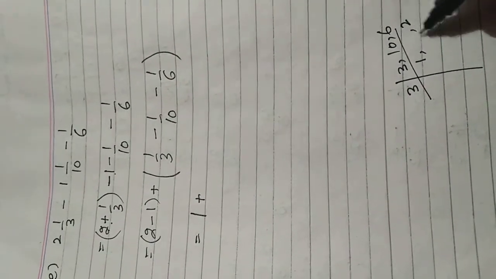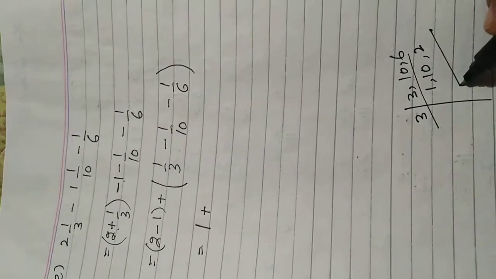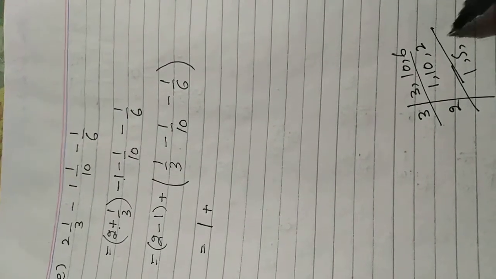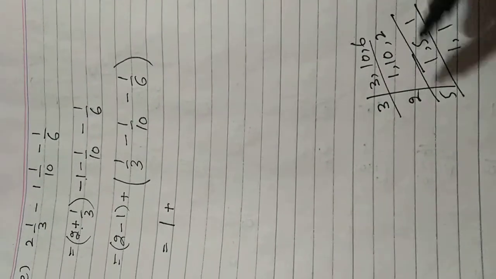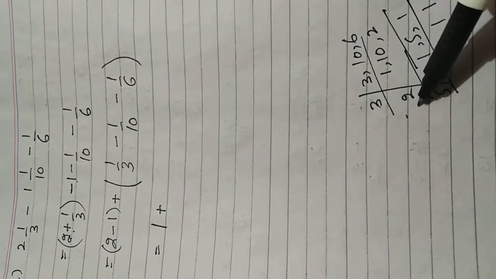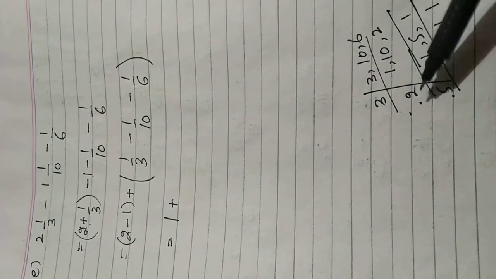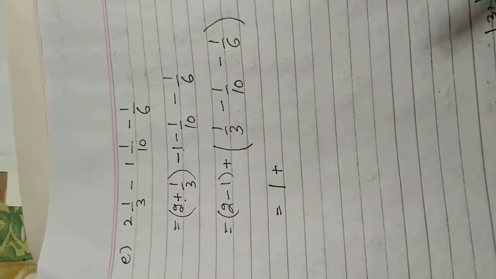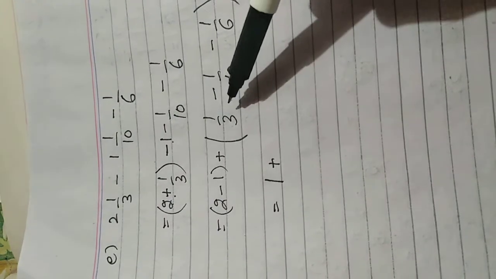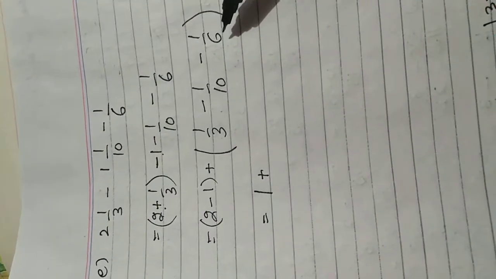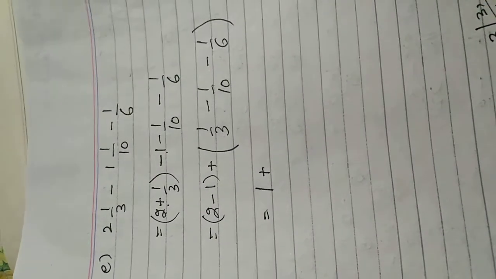And here we will find the LCM of their denominators. 3, 10 and 6. 3 1 time 3, 3 2 times 6, 10 as it is, 2 5 times 10, 2 1 times 2, 5 1 times 5, 3 2 times 6, 6 5 times 30.